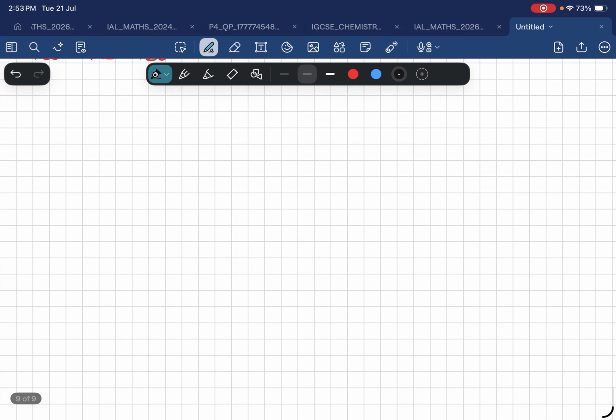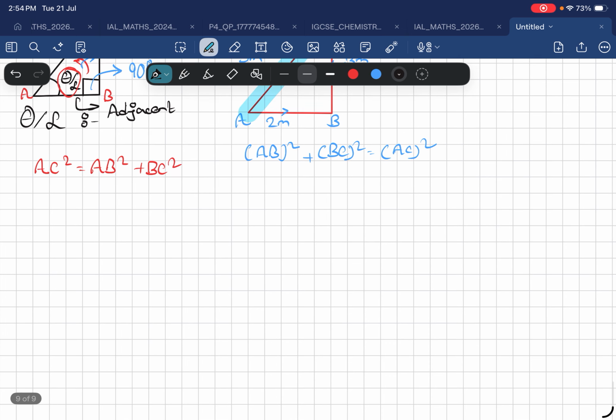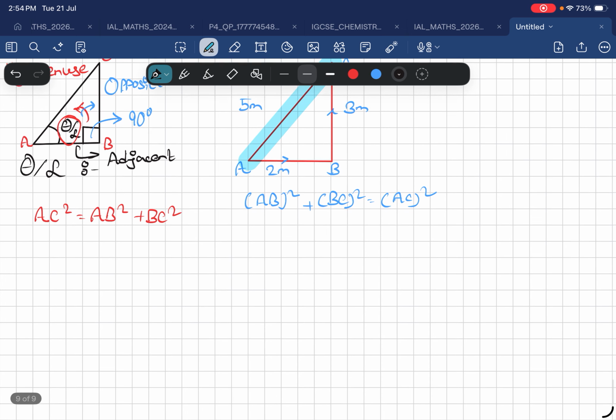Okay, so what does the Pythagorean theorem state? That the sum of the squares of the two sides of the right triangle is equal to the hypotenuse square.